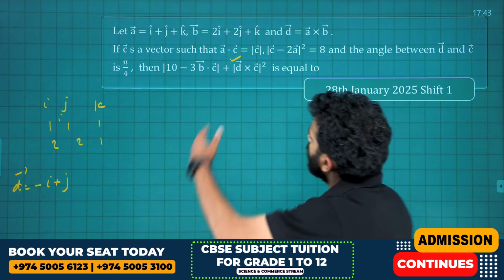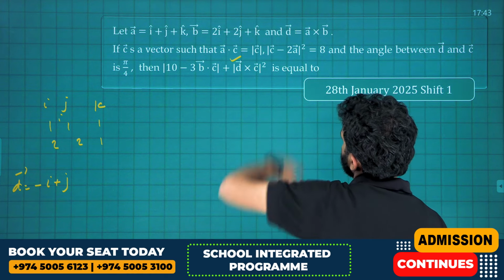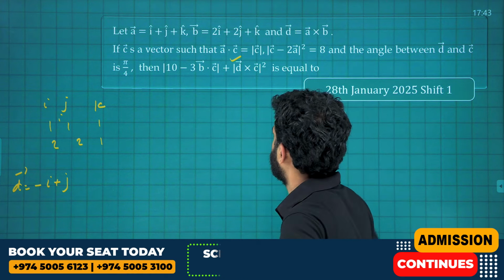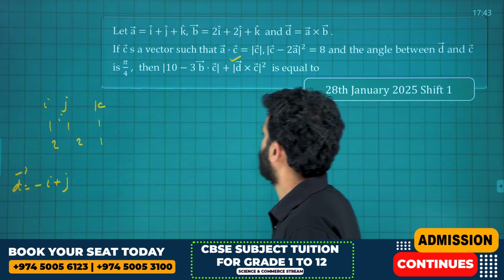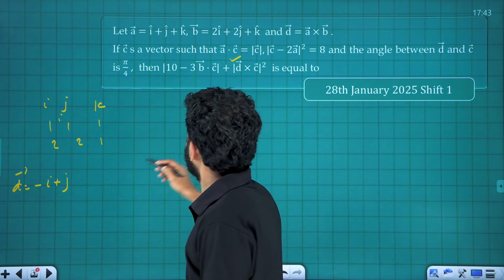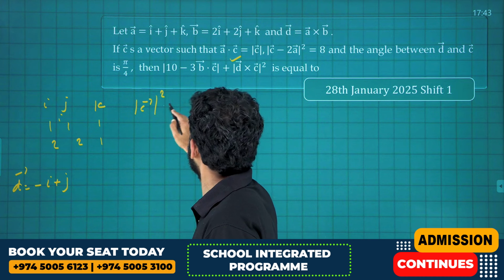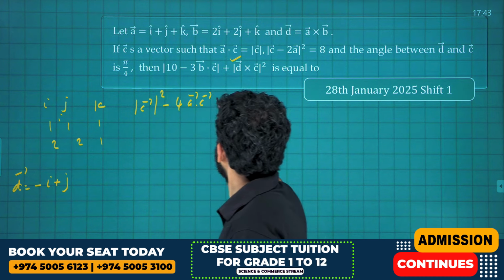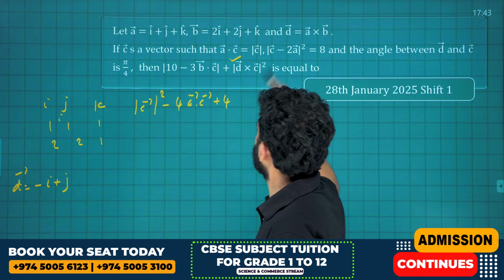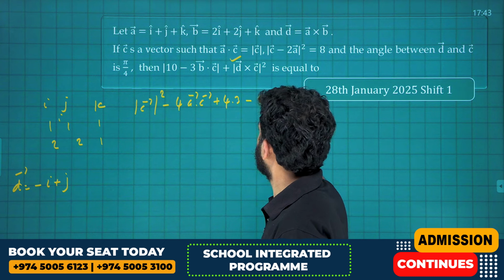Another data: vector A dot vector C is equal to magnitude of vector C, and magnitude of C minus 2A the whole square is equal to 8. We can operate from here. Magnitude of vector C minus 2 vector A the whole square will be magnitude of C square minus 4 into vector A dot vector C plus 4 into magnitude of A square, that is 4 into 3, minus 8 is equal to 0.